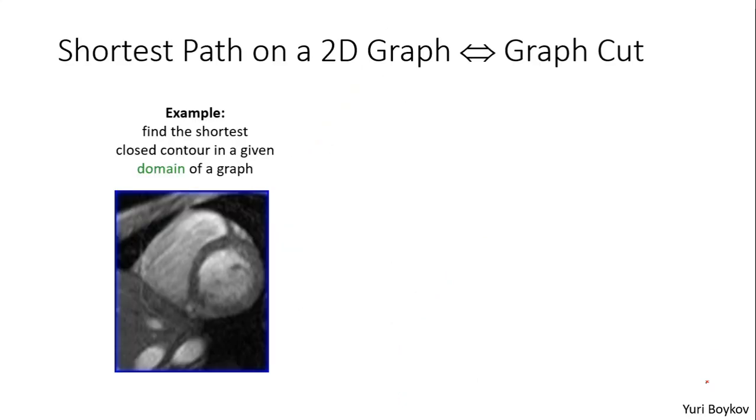First of all, shortest path on 2D graphs is actually doable using graph cuts. For example, we have two regions, this region and that region, and you can separate them by constructing a graph and severing the connections.